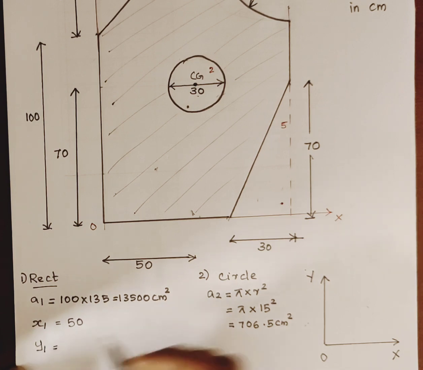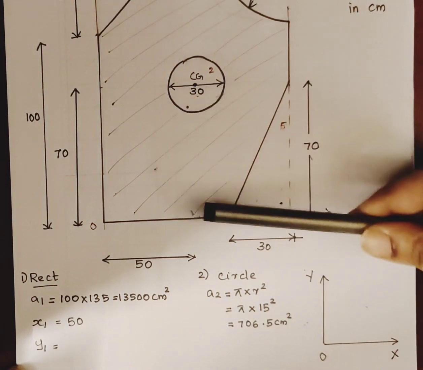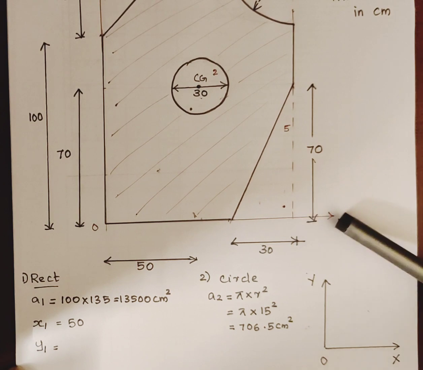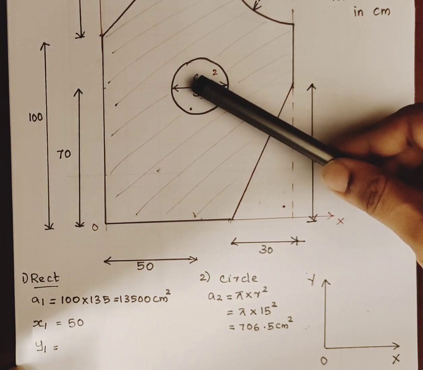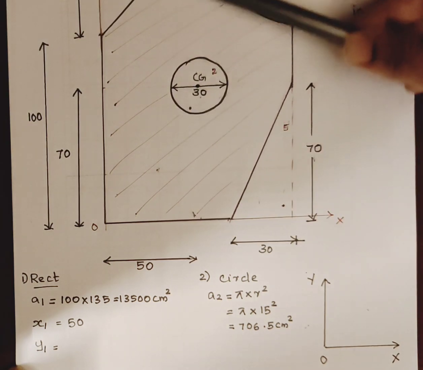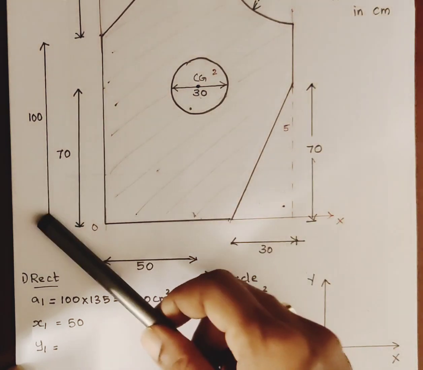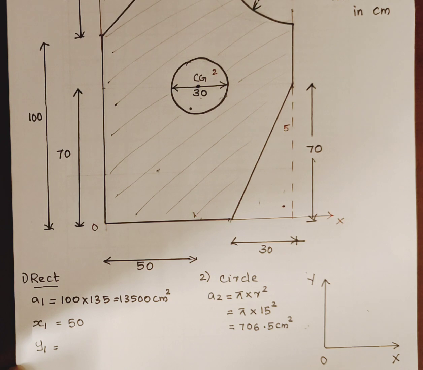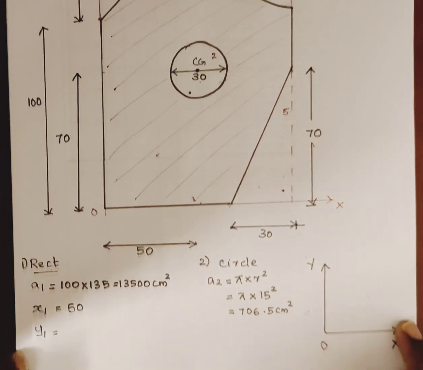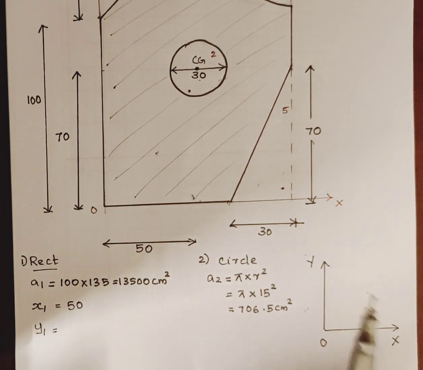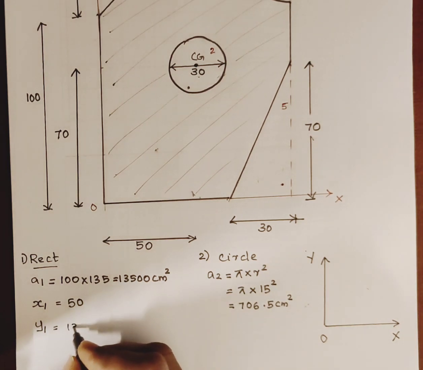And Y1 is the distance from the x axis to the centroid. The total depth is equal to 135, so the centroid is at a distance 135 by 2.